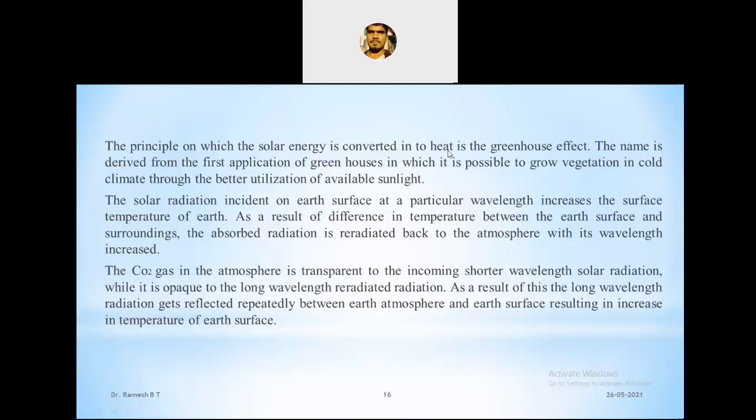So glass therefore acts as a heat trap. We can use this glass as a heat trap, meaning only one-sided movement: the shorter wavelength goes into the glass, but it won't come back out.